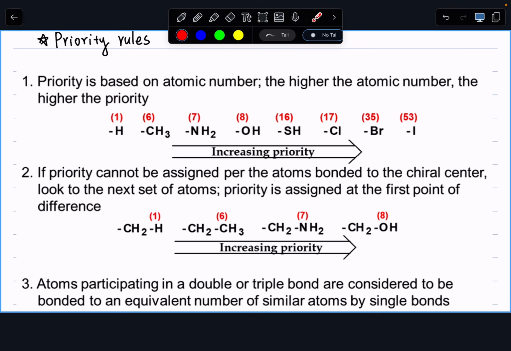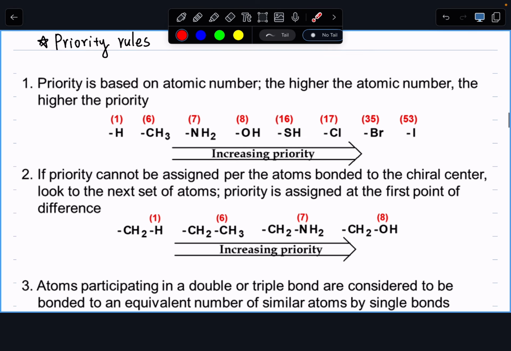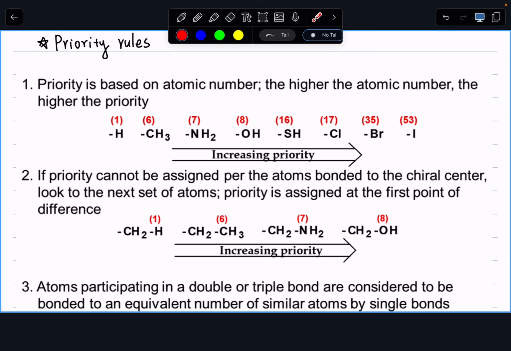So when looking at the connectivity of an atom, what we're saying is that the higher the atomic number, the higher the priority. So what does it mean? Let's look at here. I'm just going to give the red and blue ones a name. So the red one will be my oxygen, like an OH group.